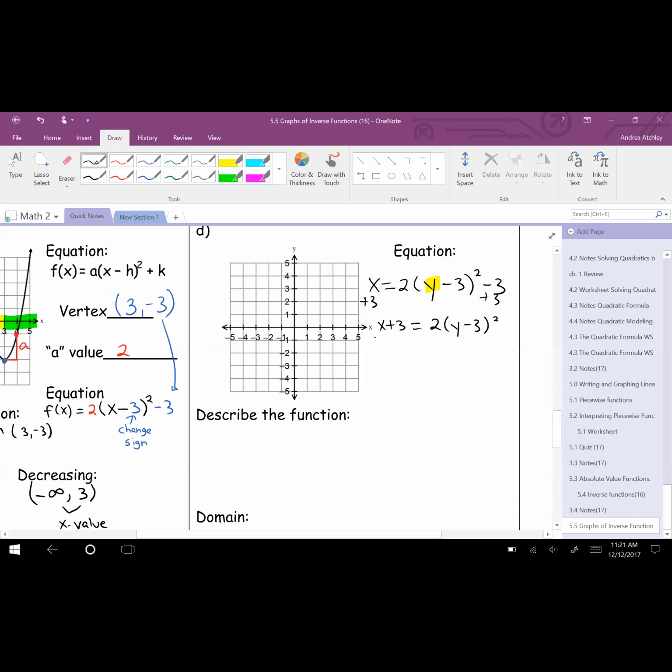Okay, this is the step you guys struggle with. You got to get rid of the 2 next. So you have to divide by 2 first. So that's going to give me x plus 3 divided by 2 equals, these cancel out, y minus 3, the whole thing squared.